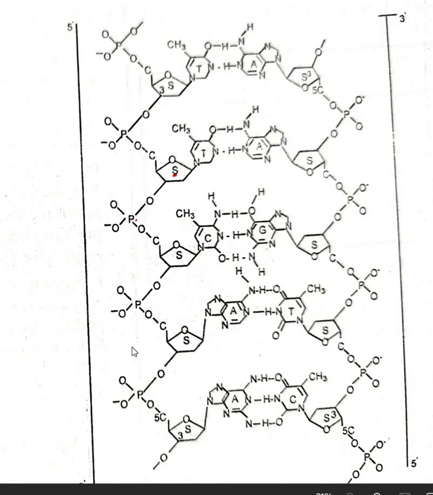So whatever the case, the backbone of the DNA molecule is the phosphoric acid, or phosphate. The bond present between the sugar and phosphate is called the phosphodiester bond. Here this bond is called the phosphodiester bond. It means the phosphate binds to the 5-carbon sugar molecule with a bond known as the phosphodiester bond.